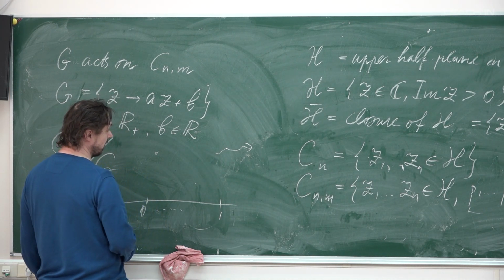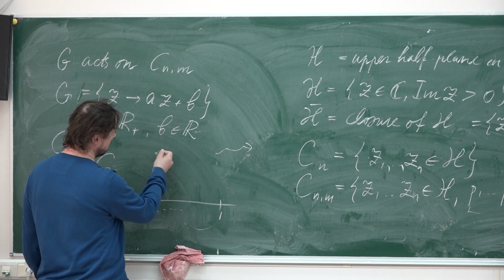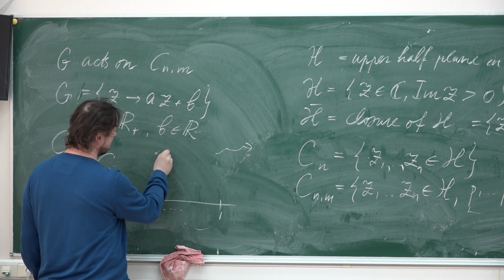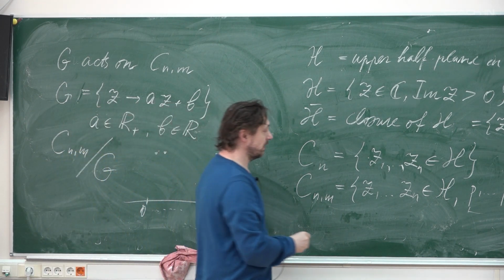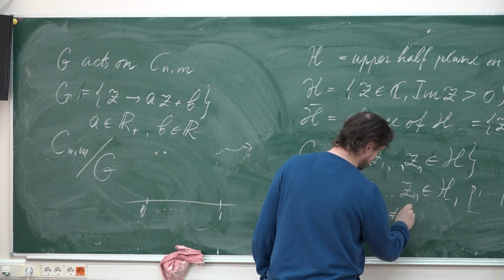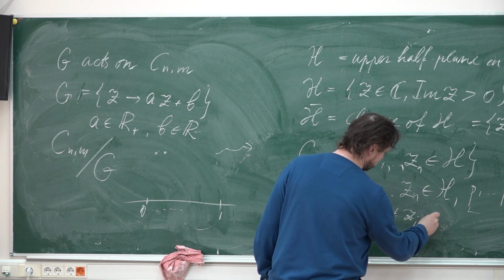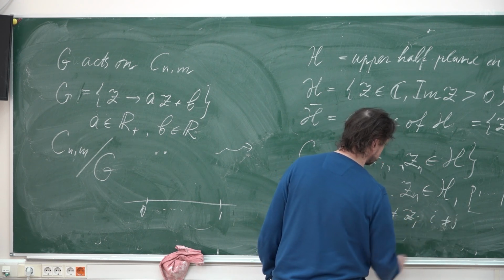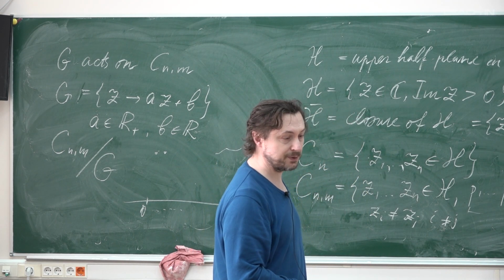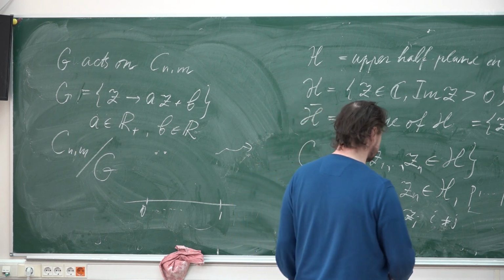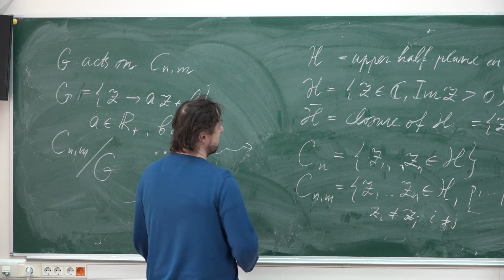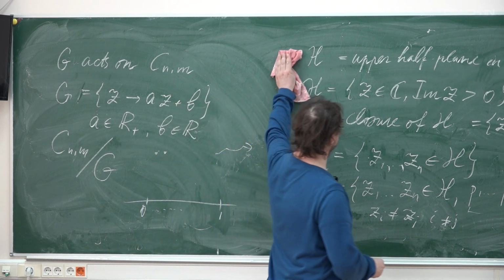It is the fact that I should discard the sets where zi is equal to zj for i not equal to j. I told you that I take n points in the upper half plane, but these should be distinct points. So how do we deal with it?